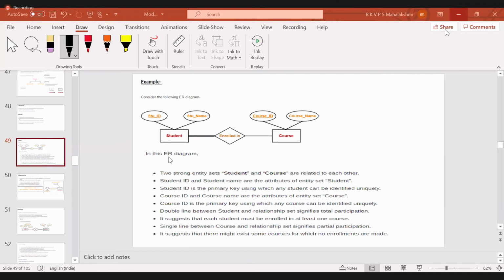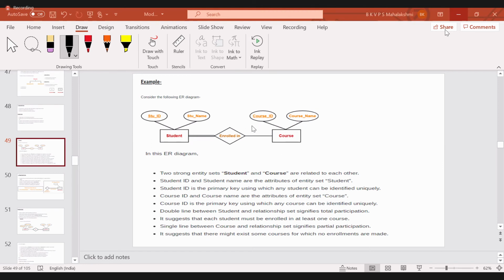So, okay, we kept only a single rectangular line. What does it mean then? Are those strong or weak? Strong. Very good. And so these are the attributes for the course. Hence we have to connect with the attributes for that particular entity.